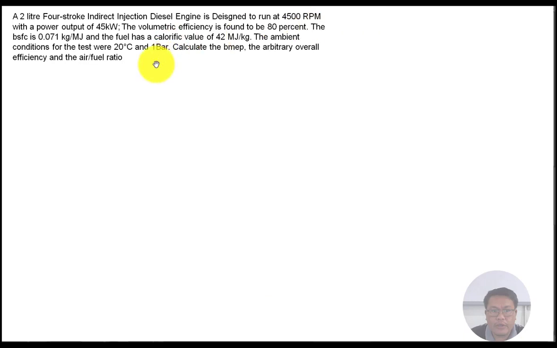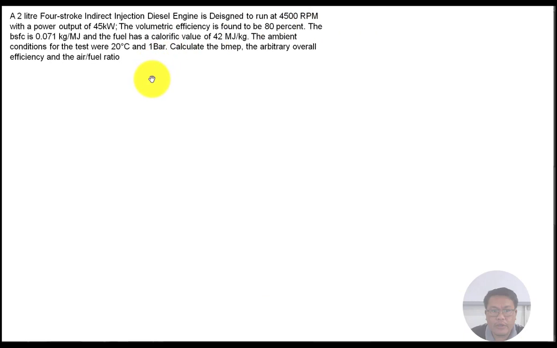Here we have a sample problem. A 2-liter 4-stroke indirect injection diesel engine is designed to run at 4,500 RPM with a power output of 45 kilowatt. The volumetric efficiency is found to be 80%.